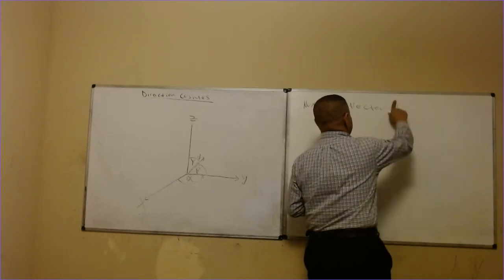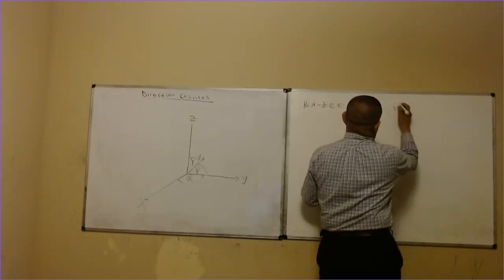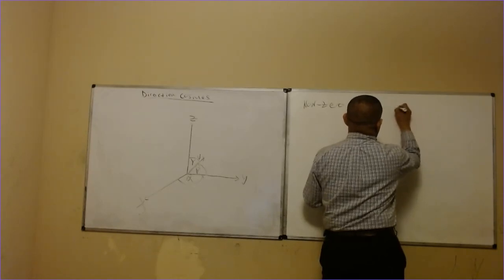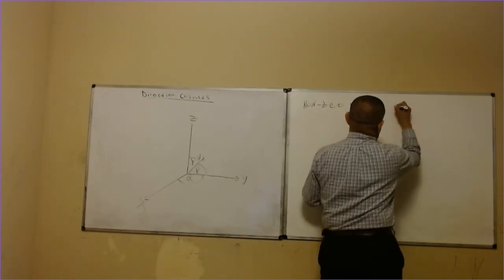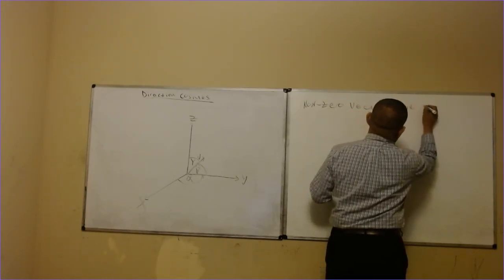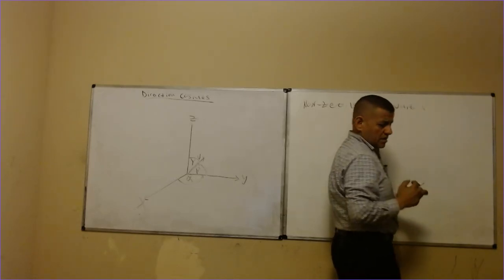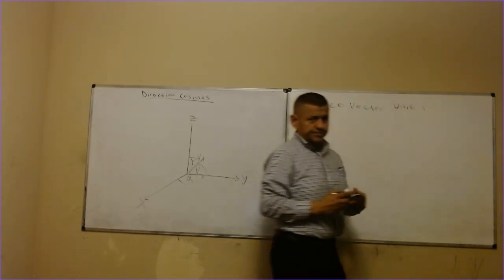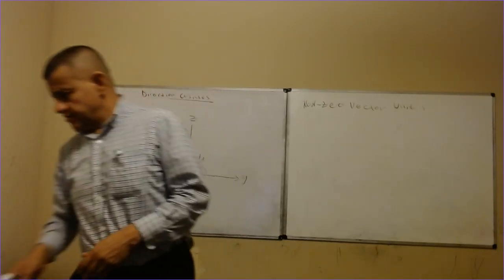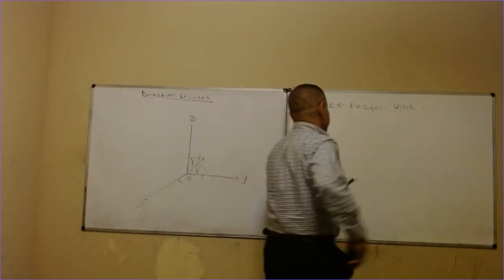These markers are not helping me today. Unit vectors, right? Give me one second. Let me see if we can get these markers to work a little better.